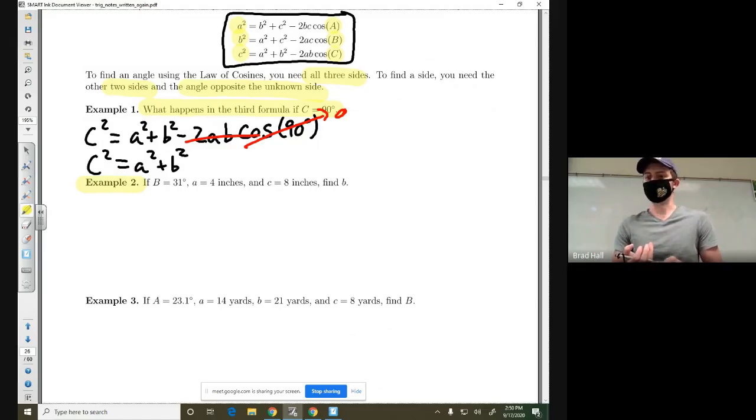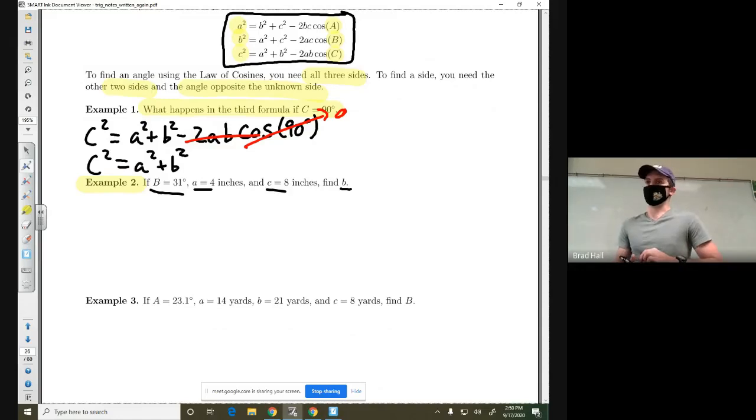I'm just saying this in general, but with the law of cosines, you don't have the issue of not being able to find obtuse angles. But in any case, we do have an angle, and we have two sides. We're going to find this lowercase side.